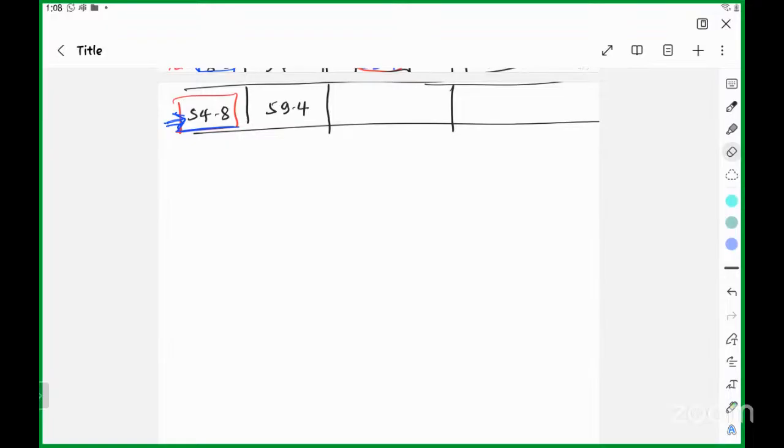2 centimeters for the vertical. That's the thing. If 1 centimeter represents 5, it will be so short. So you can do 2 centimeters.